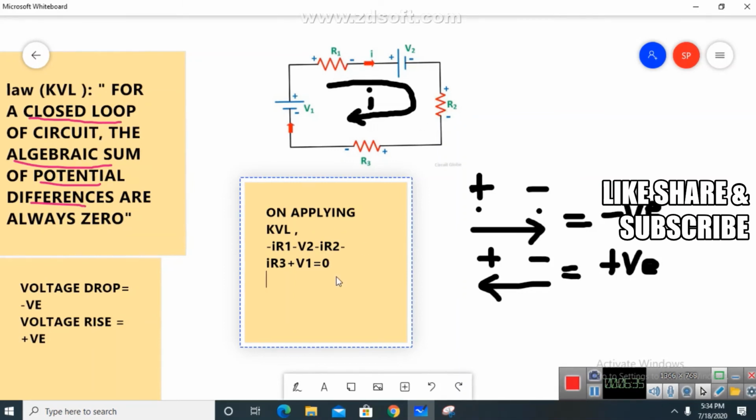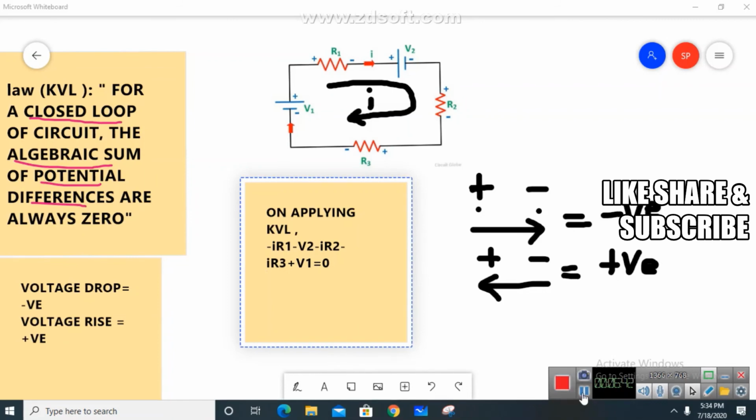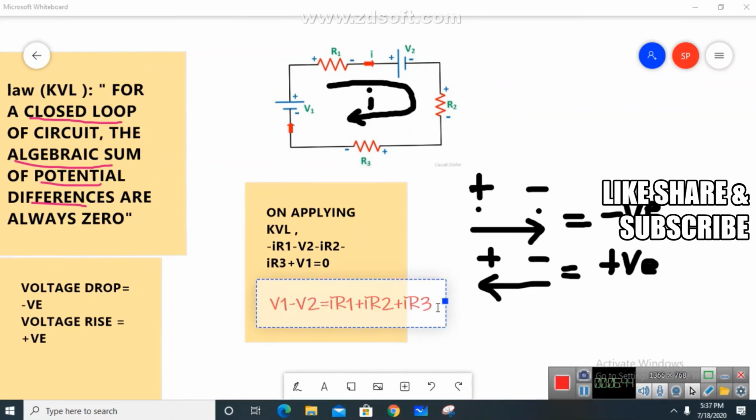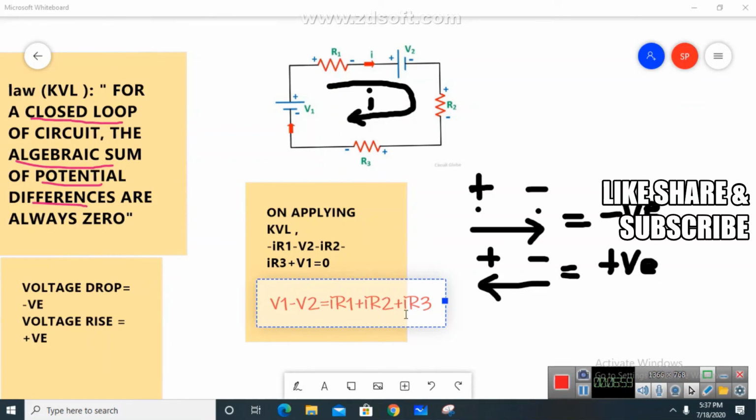We can also write the equation in this form, and you can see that all the potential energy of the battery is being conserved. That's why this law is also known as the conservation of energy. And sometimes the battery has to spend its energy, which is consumed by the resistance.